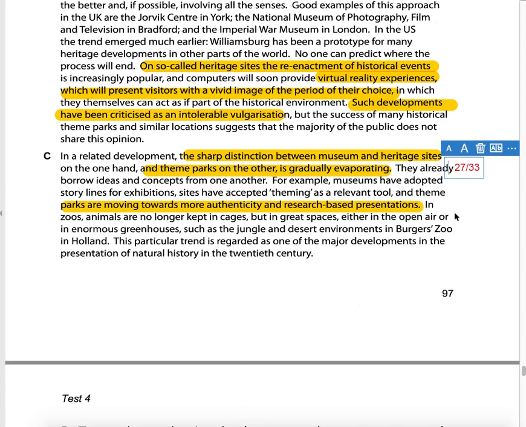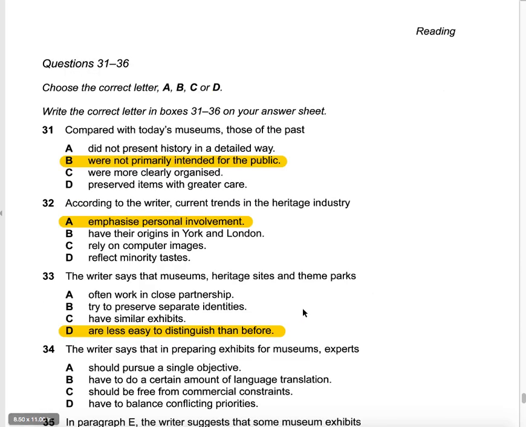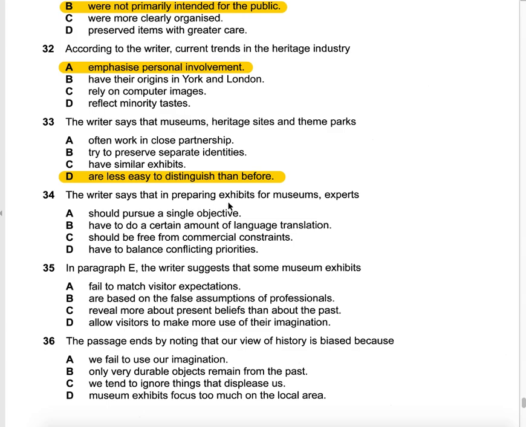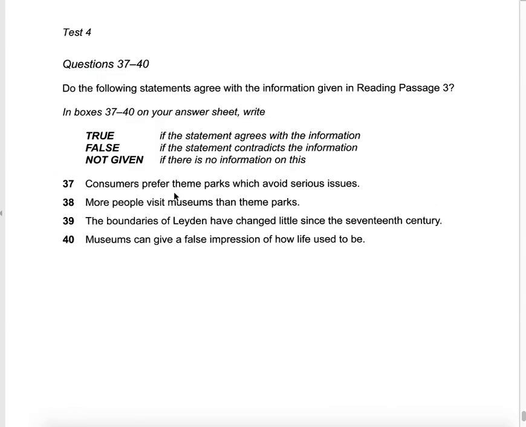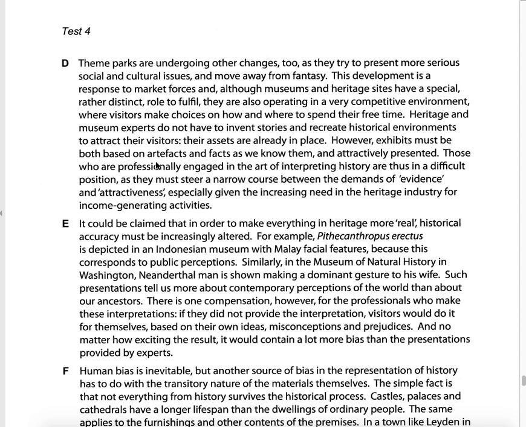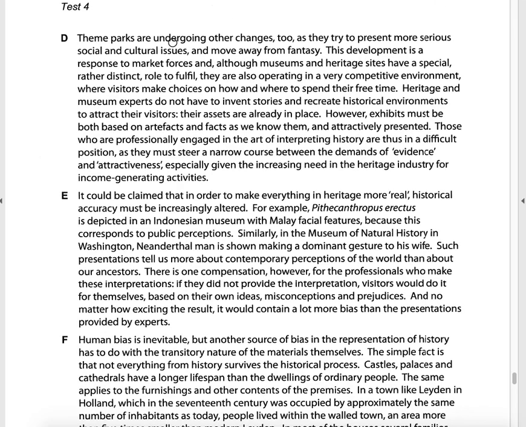Is there anything else? Preparing. The writer says that in preparing exhibits for museums, experts, so preparing exhibits, who didn't talk about that. Anything down here? Didn't read about that either. So let's go to paragraph D. Okay, so theme parks are undergoing.